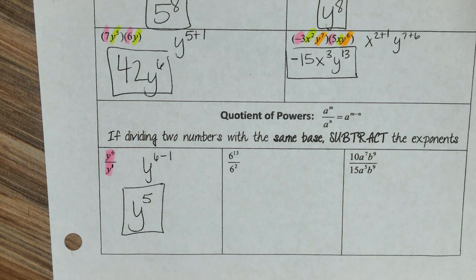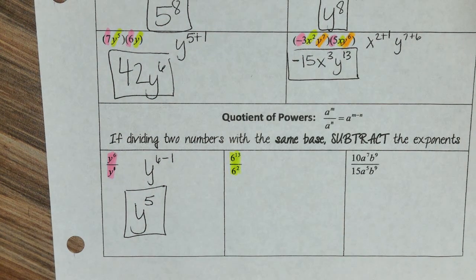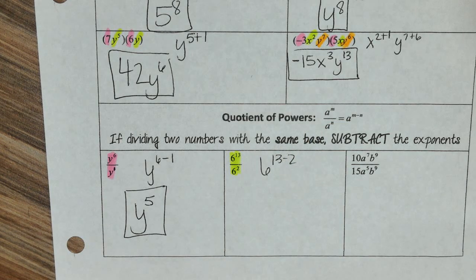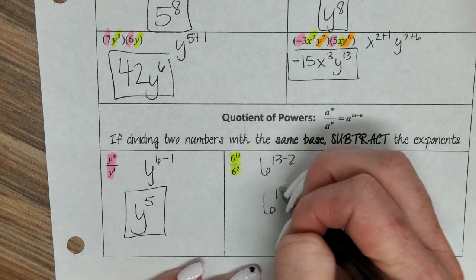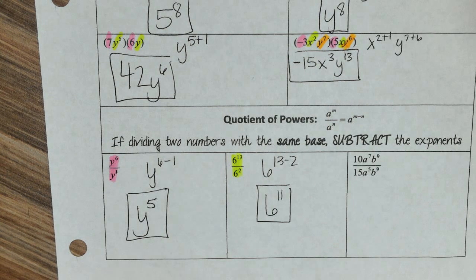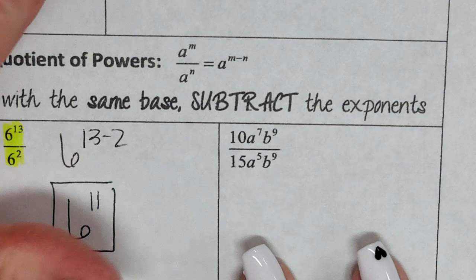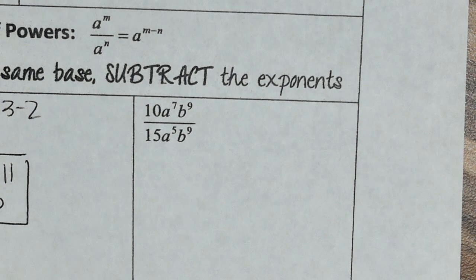Does that make sense? All right, over here I have the same bases. So I have 6 to the 13 minus 2. 13 minus 2 is positive 11, so that stays on top. Any questions so far? The last one, you've got regular numbers to deal with. Deal with them first.